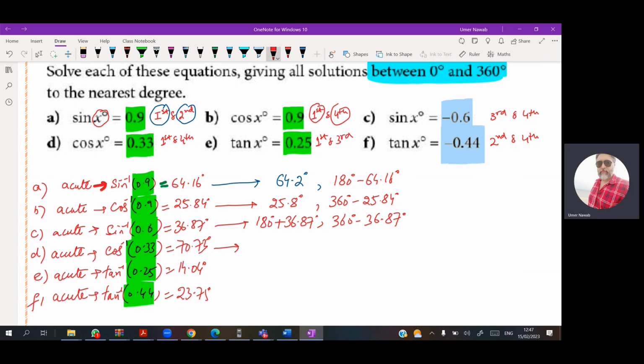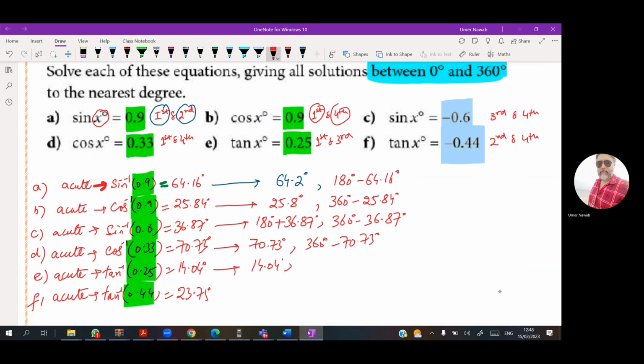Now we go to the D part. We want the first quadrant, 70.73, and then we want the answer in the fourth quadrant, 360 minus 70.73.